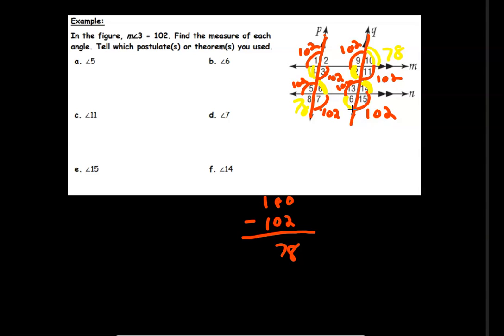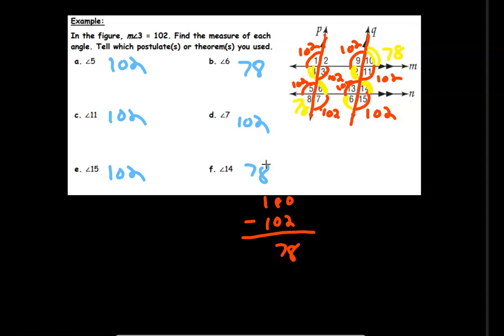And it says find each one. Angle 5 is 102. Angle 11 is 102. Angle 15 is 102. Angle 6 is 78. Angle 7 is 102. Angle 14 is 78.